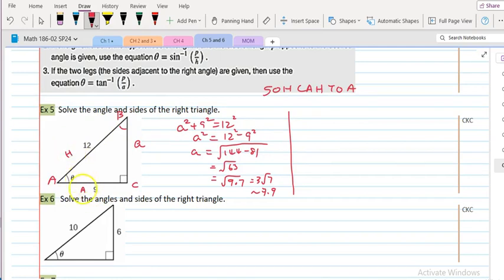So you would say cosine of theta is equal to A over H, right? And then I need to find the angle, so I do cosine inverse outside.